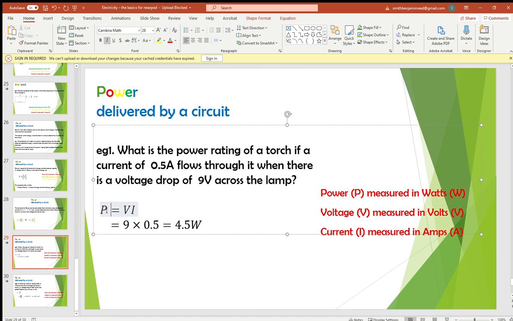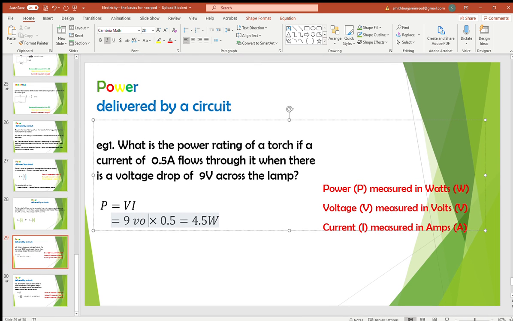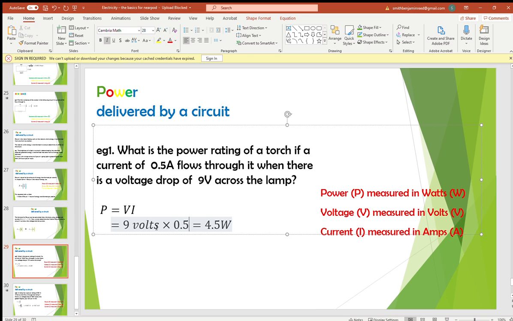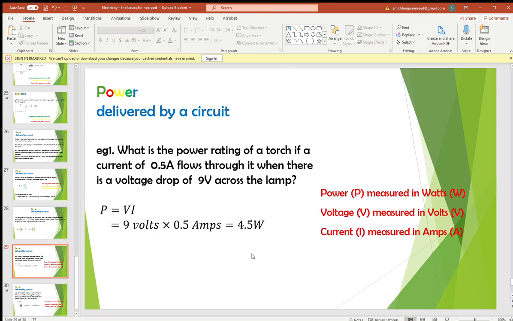So our power equaled 9 volts multiplied by 0.5 amps, and that gave us 4.5 watts of power.